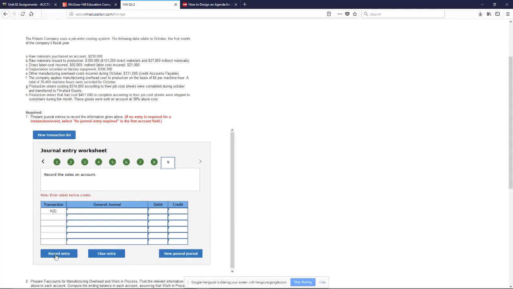Yeah. And then the second part of H is where I got confused a little bit. And I think this is right, but you might have to check it because I didn't have enough hints to check it. But the accounts receivable and sales are what I did.